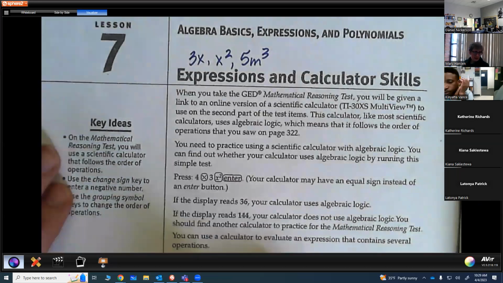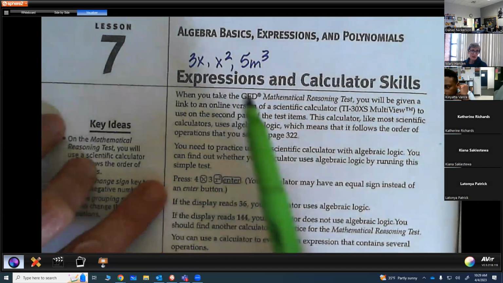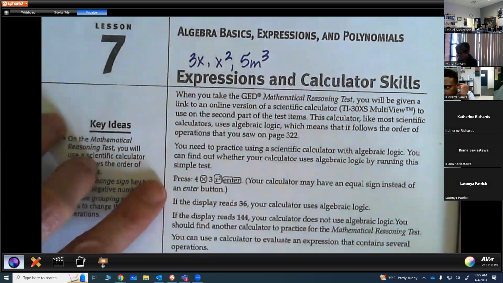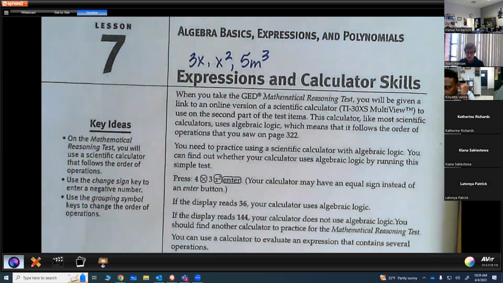We're going to be taking algebraic expressions, substituting in values, and practicing with the calculator to make sure we can do that. As I was saying, the first part of the test, you cannot use the calculator. That's only 5 questions. The last part of the test, you can use the calculator, and that's 41 questions.